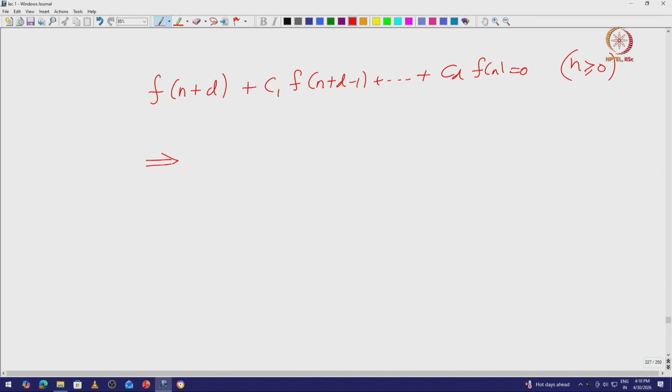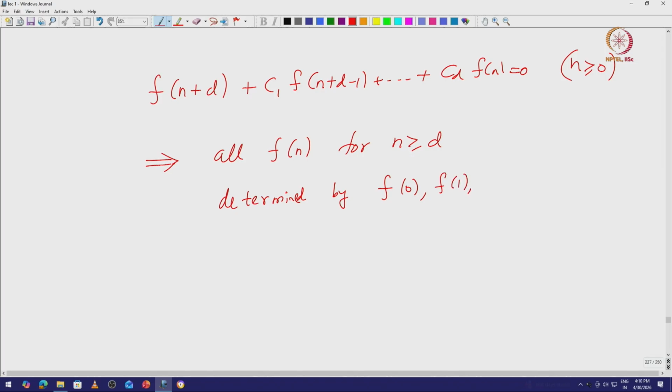That would imply that all coefficients f of n for n greater than or equal to d are determined by the first d coefficients: f of 0, f of 1, etcetera, f of d minus 1. So, roughly speaking, we have only d freedom of choices.